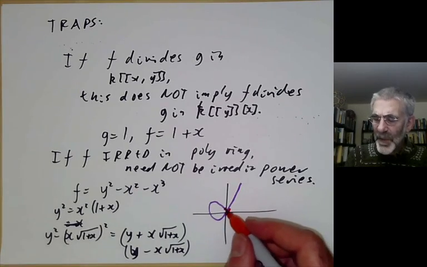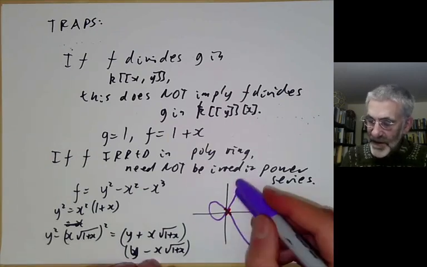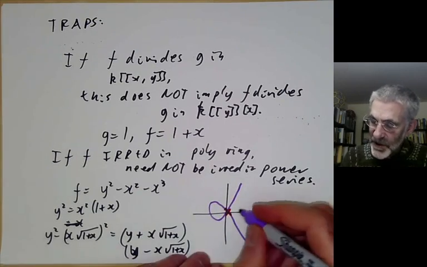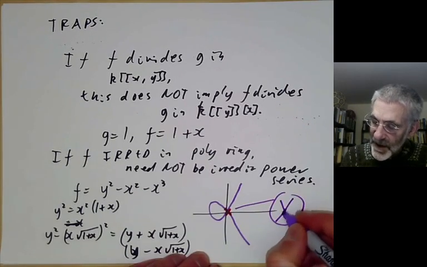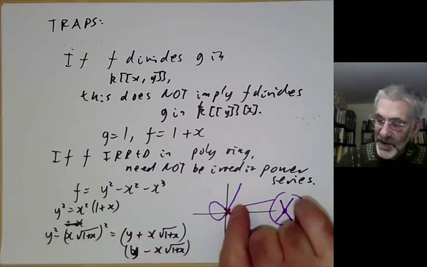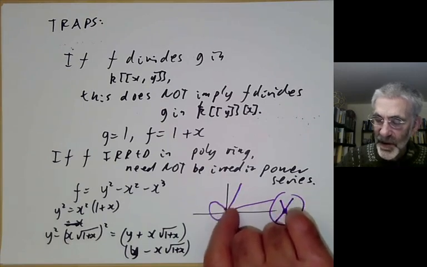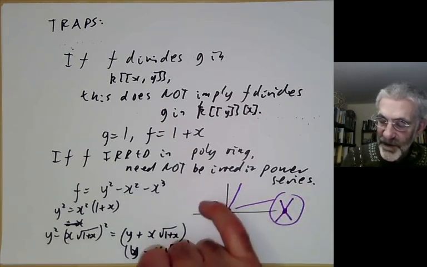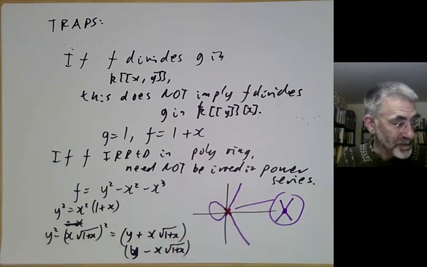So the formal power series ring thinks that this curve actually splits into two curves. You're sort of magnifying it near the origin, and it kind of looks like that. So these two formal power series correspond to the fact that this curve seems to have two branches near the origin, although if you go further away from the origin, you can see that they aren't really two branches at all.